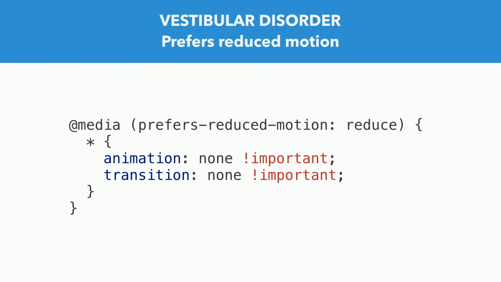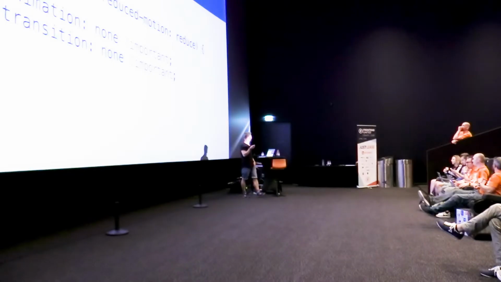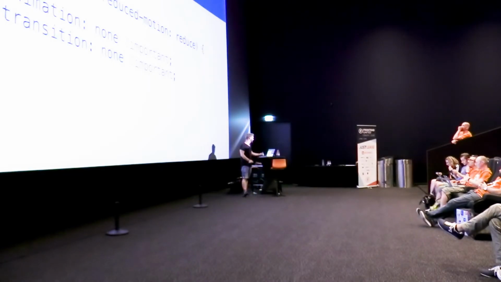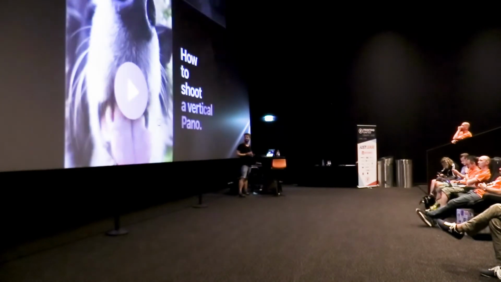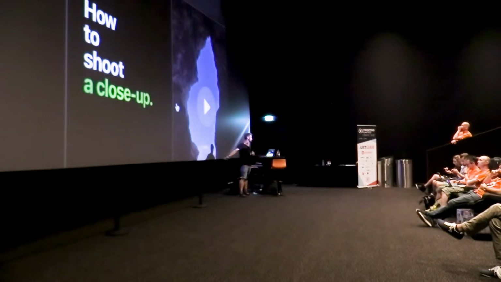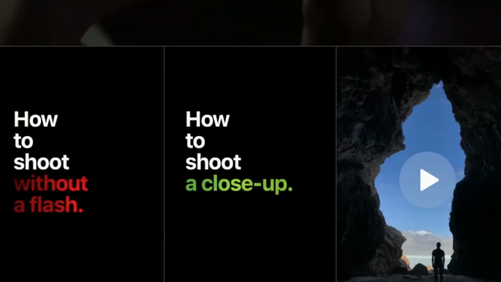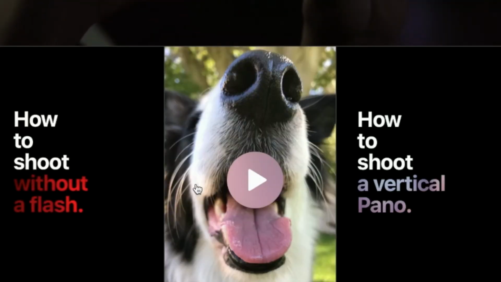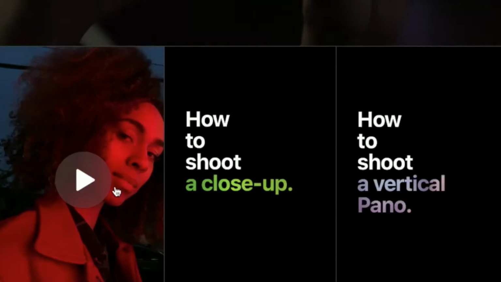I love that. Apple ships their products like this, right? There's this subtle animation going on. But when you have reduced motion turned on, it's just like that, which can maybe make someone not sick and not feel dizzy. I think this is super cool.